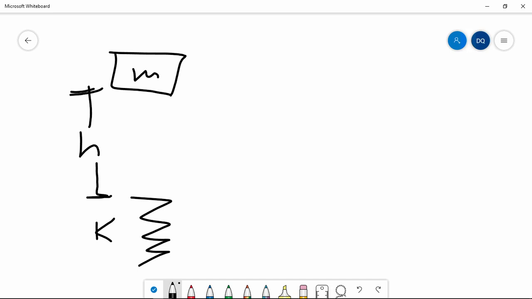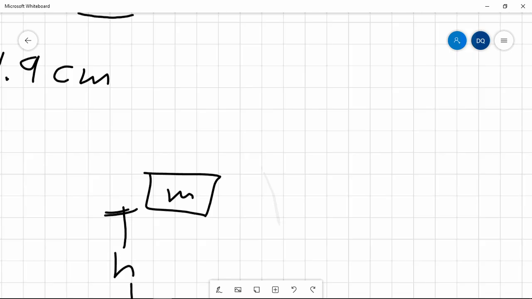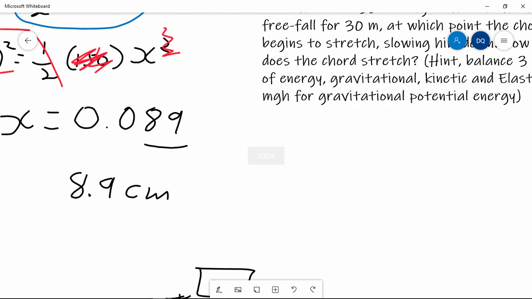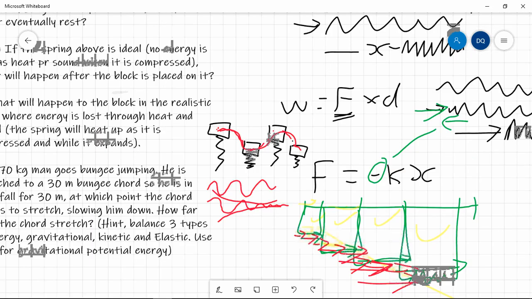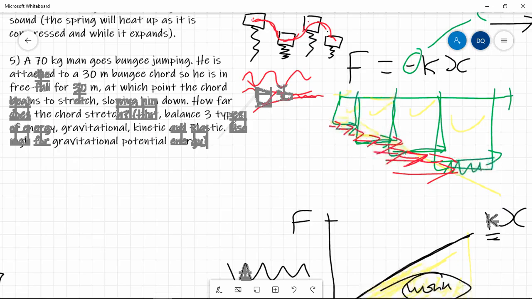Upon dropping it, you know that spring is going to compress, and the block is going to end up down here. However, stop and think for a second. Is this going to end up lower than in that previous case where we set the block on the spring?